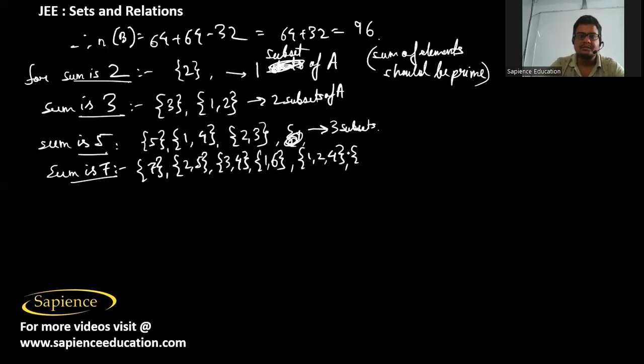Same element can't be repeated. So here also we can have 4, 5 subsets.